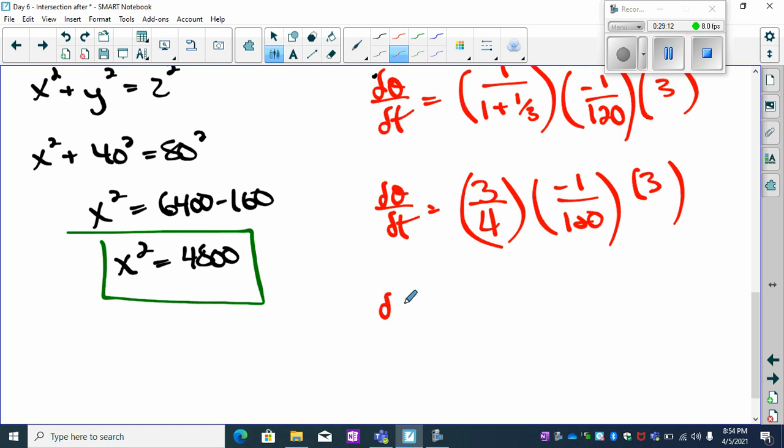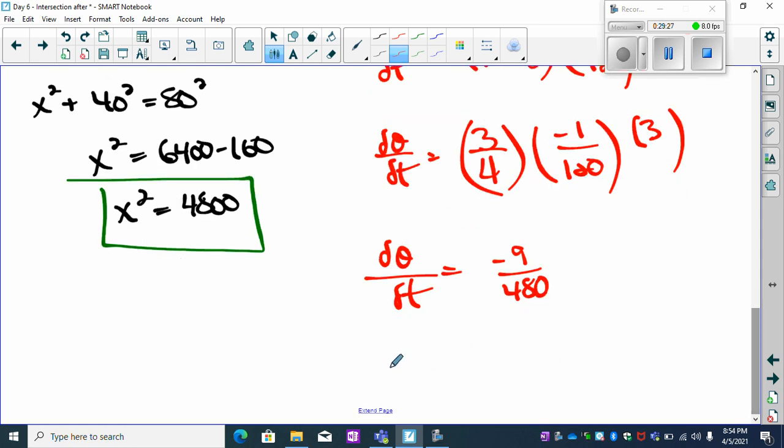So I've got d theta over dt equals negative 9 over 480. And I can divide both of those by 3. That gives me negative 3 over 160.